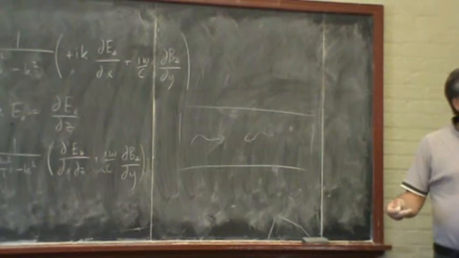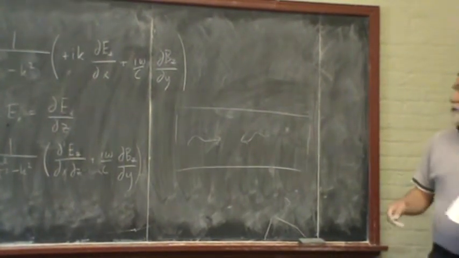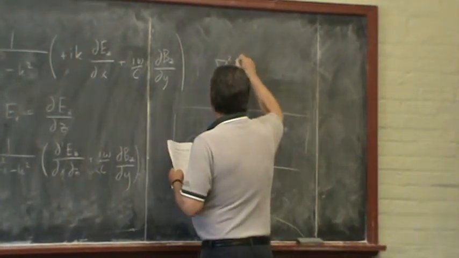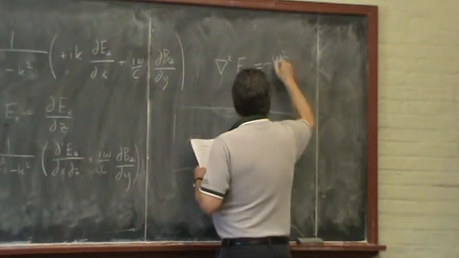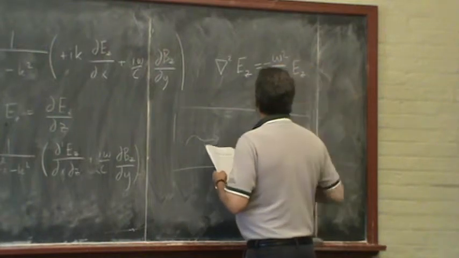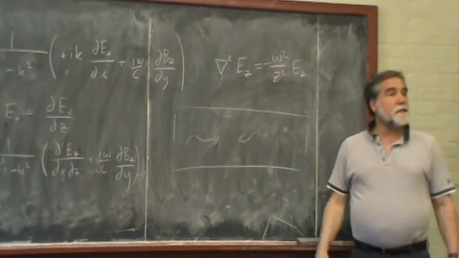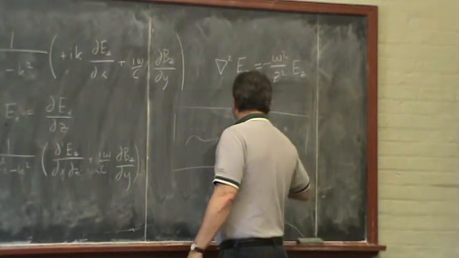But they're not going to be hard to solve because I'm only solving one direction for the z components. So I can write down that del squared Ez equals minus omega squared over c squared Ez. So that's the electric field along the channel. The electric field's got to be 0 on the sides.